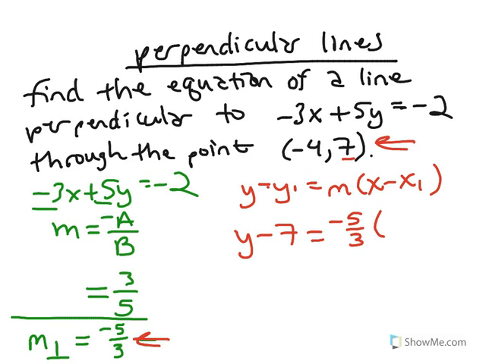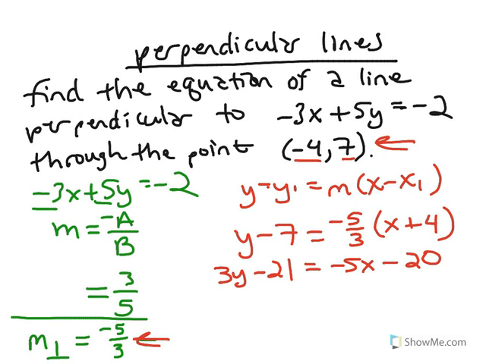And then inside the parentheses, x minus negative 4, which is x plus 4. As before, this is rarely where you stop. Let's clear the fraction, multiply everything by 3. So we have 3y minus 21 equals, now I've cleared the 3, I'll also go ahead and clear the parentheses, take negative 5 times x, and negative 5 times 4, which is negative 20.